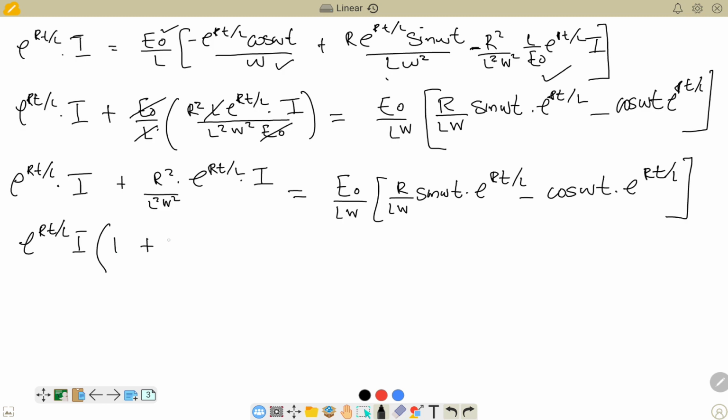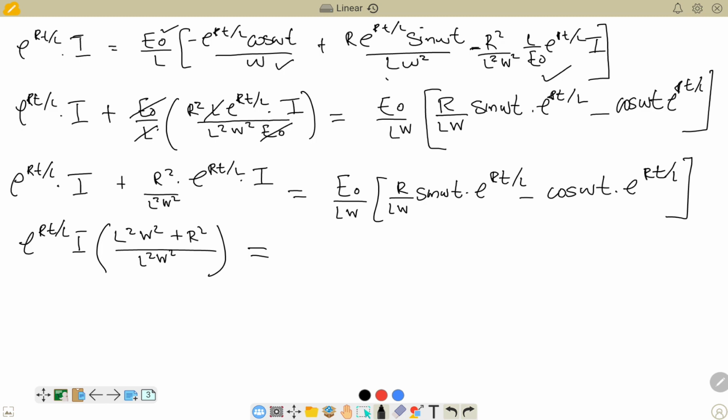We get that as 1 over R square over L square W square. And this term here, we can rewrite it like this to save time: it's going to be L square plus R square over L square W square, just like that.